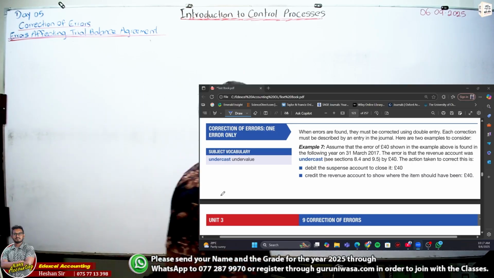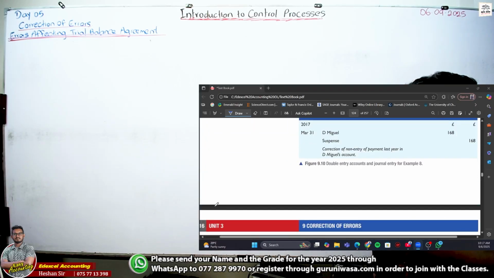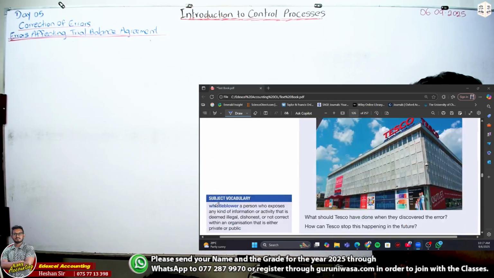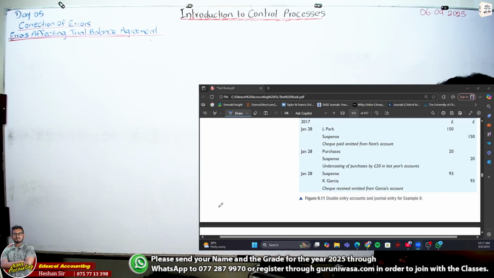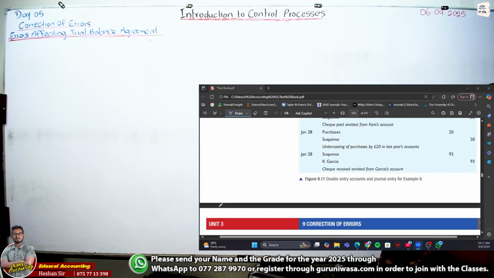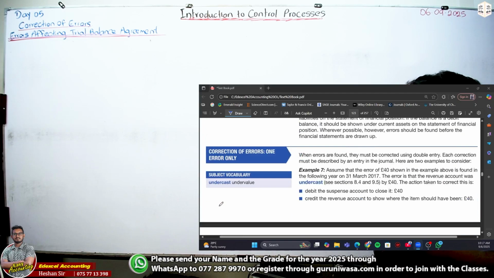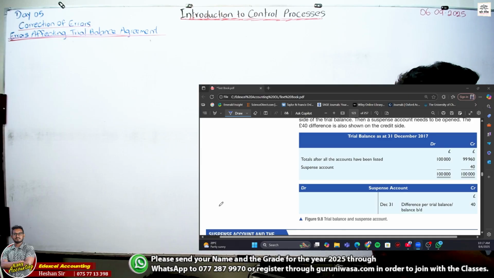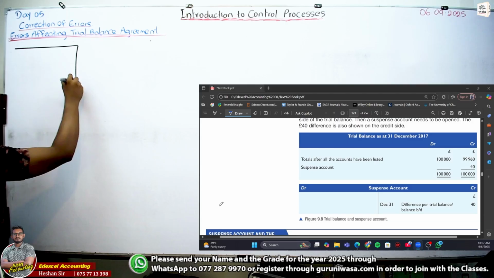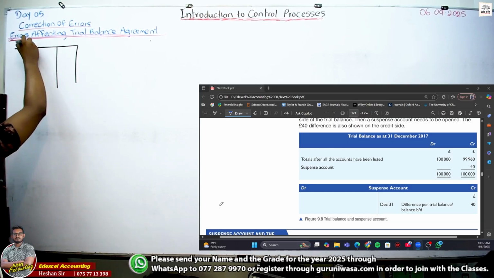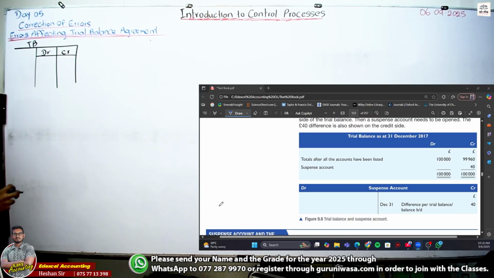Now you can see here we open a suspense account, right? You open a suspense account like this. So in the trial balance, debit and credit, the debit balance was 100,000.